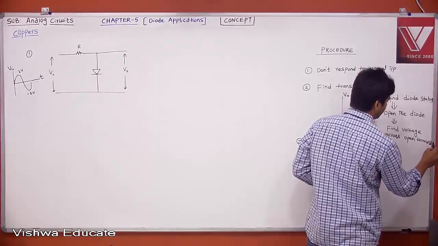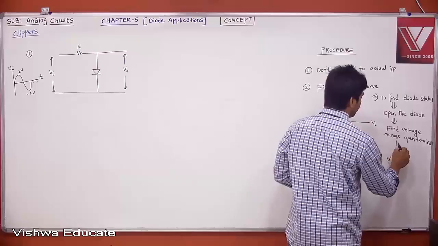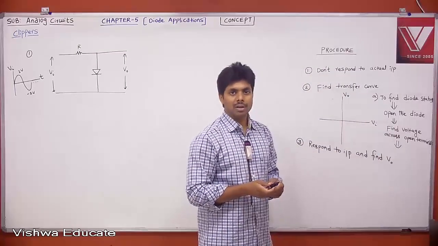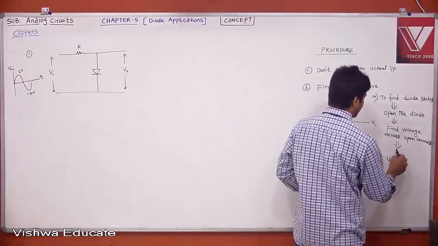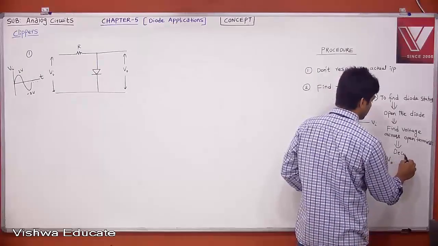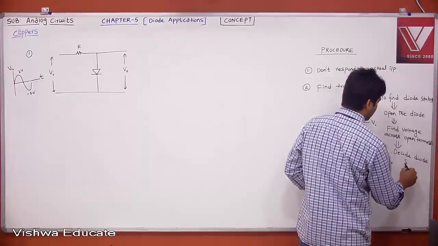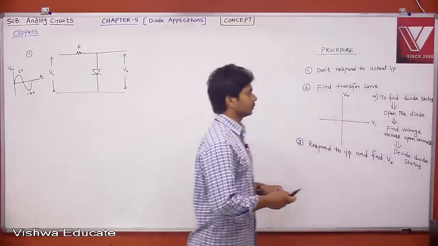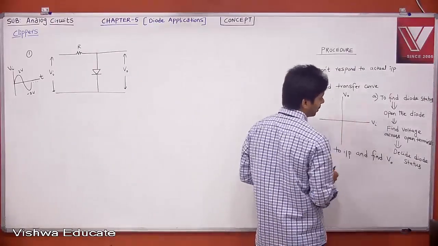Once you know the voltage across the open terminals, bring back your diode and see whether the diode is on or not. Then decide the diode status. This is the procedure which you need to follow. This is step A.